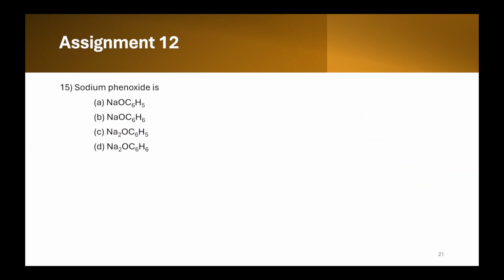Next question, sodium phenoxide is: first option is NaOC6H5, second option is NaOC6H6, third option is Na2OC6H5, and the fourth option is Na2OC6H6. So we discussed earlier what sodium phenoxide is. This is C, C, C, C and C, so C6 is correct.